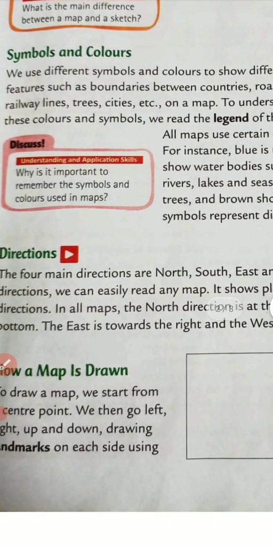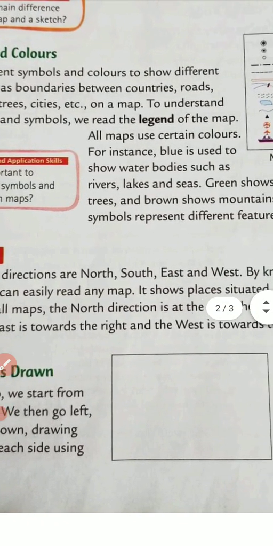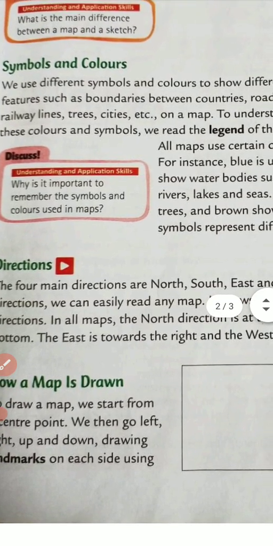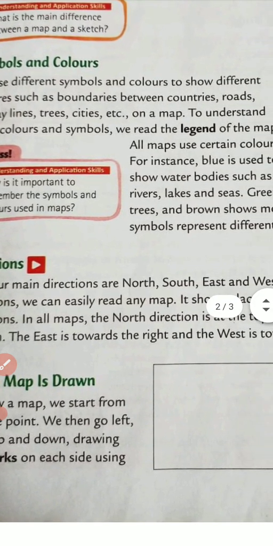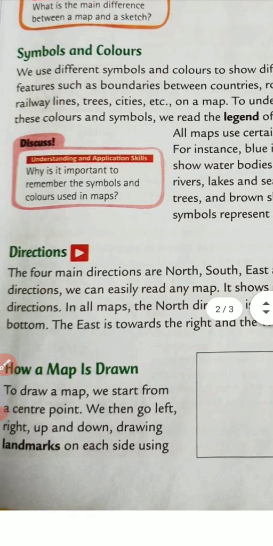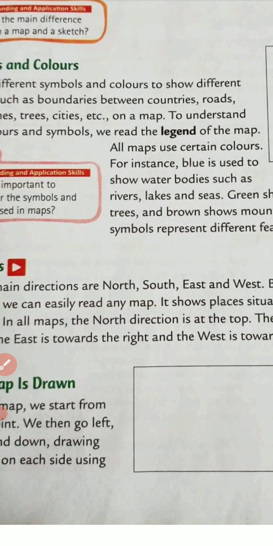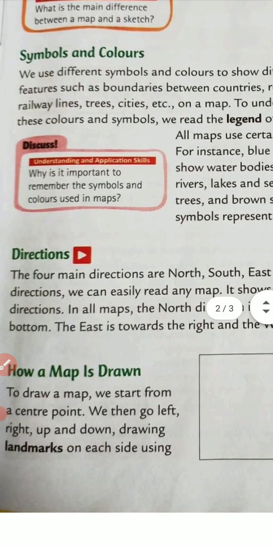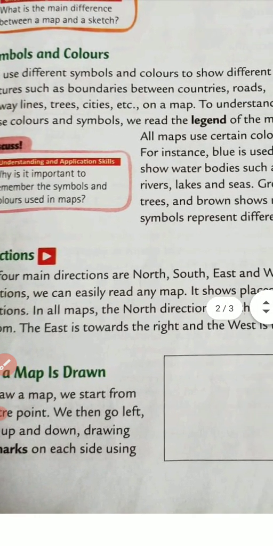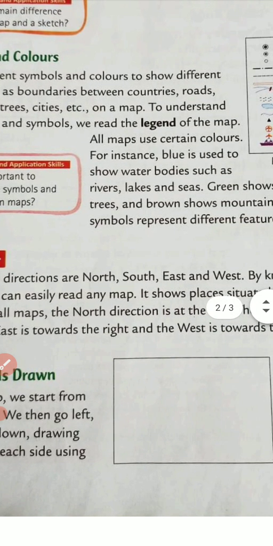Now symbols and colors. We use different symbols and colors to show different features such as boundaries between the countries, roads, railway lines, trees, cities, etc. on a map. To understand these colors and symbols, we read the legend of the map.